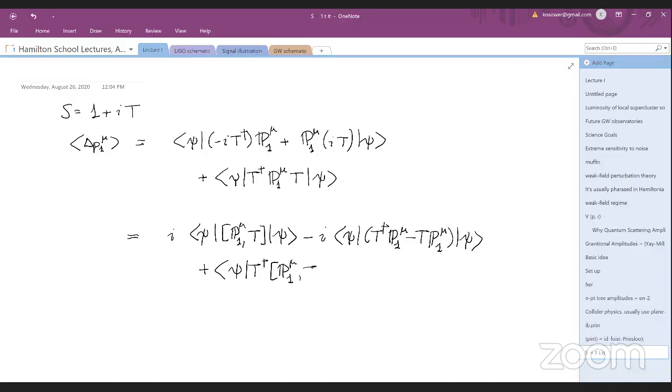Let me put them back in. And we now have a sum of terms. So the momentum operator is now just hitting the right-hand side state.